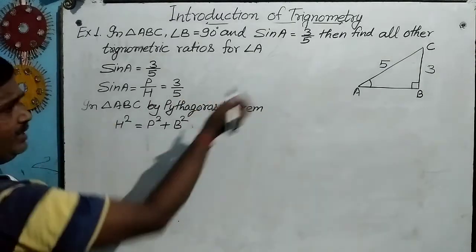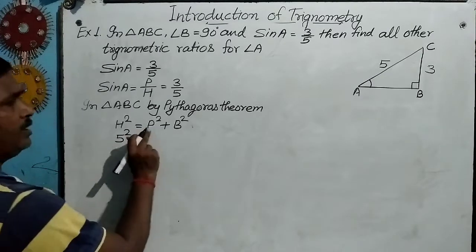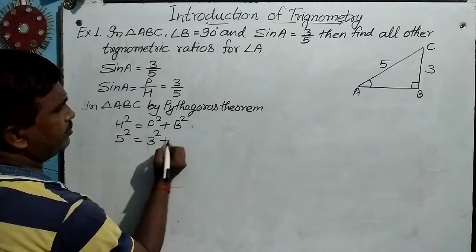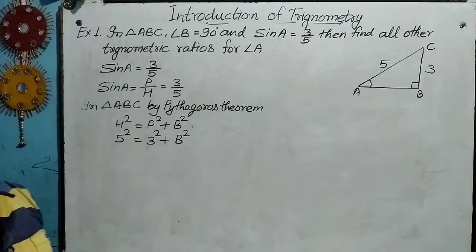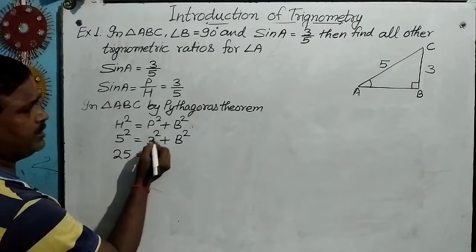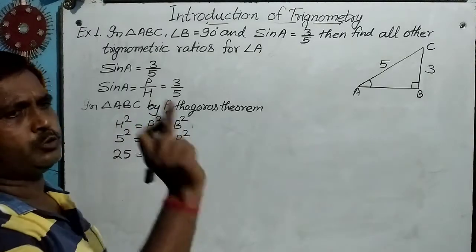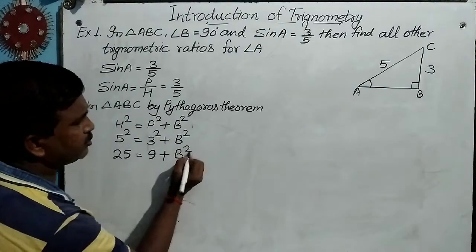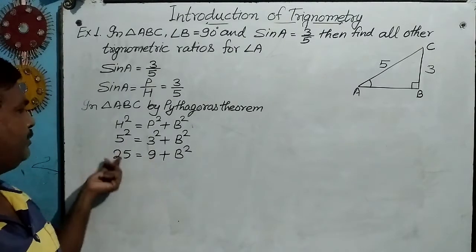So what is given in that triangle? Hypotenuse, that is 5 square, and put here the value of perpendicular, that is 3 square, and the base is not given, so write down b square. Here 5 square is 25, and 3 square you will get 9. 3 square means 3 into 3, 3 3s are 9, plus b square. You need to find out b, so take this value 9 to the left side.